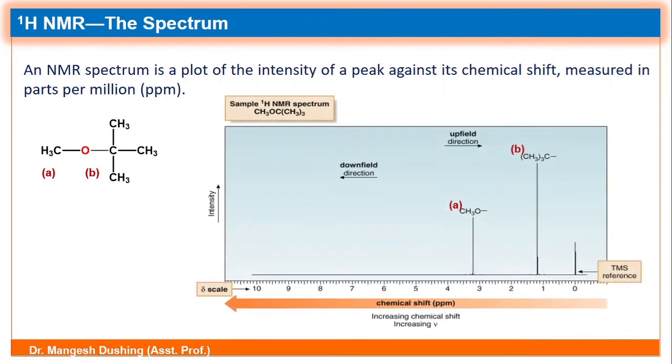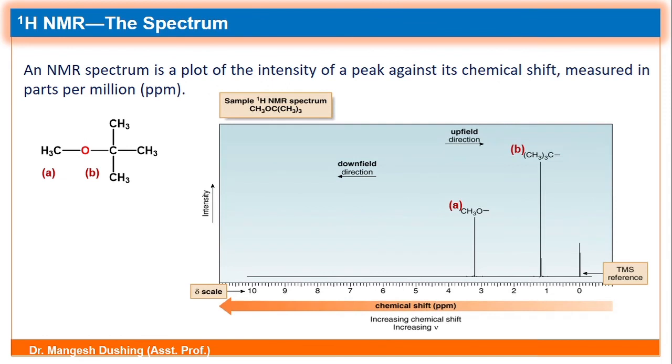So see the NMR spectrum. This is the downfield towards the left hand side, while this is the upfield towards the right hand side. Towards the right hand side, the extreme is TMS, which acts as a reference. That's why the delta value for TMS is considered 0.